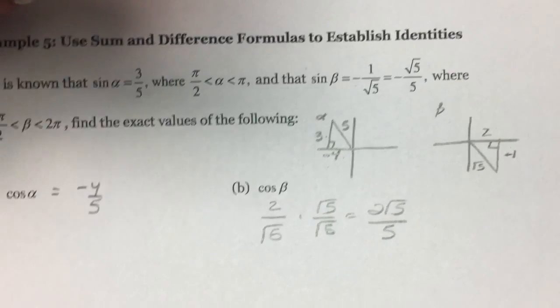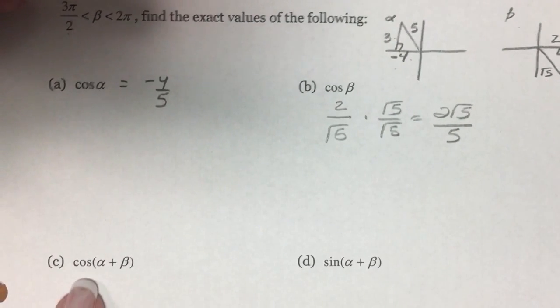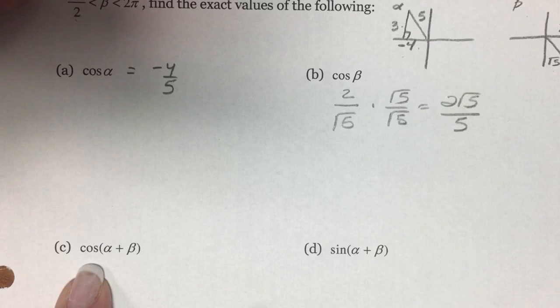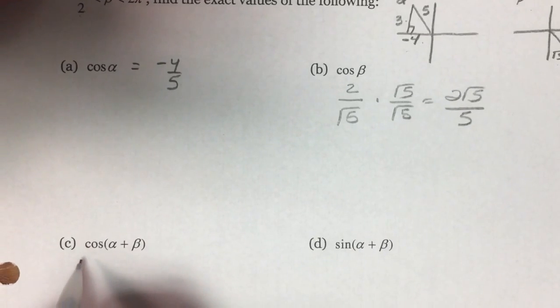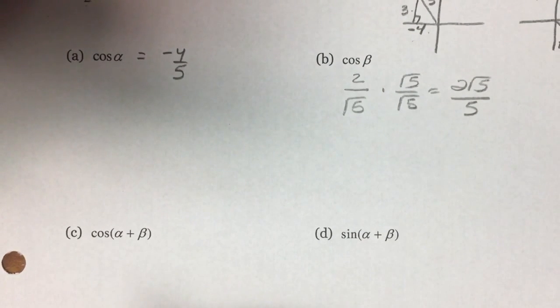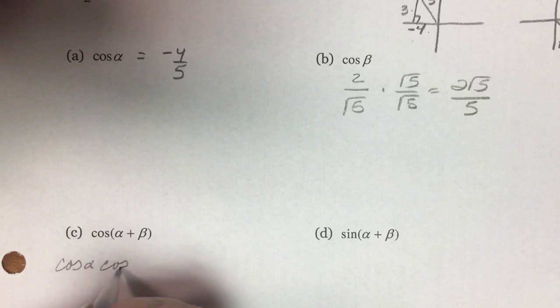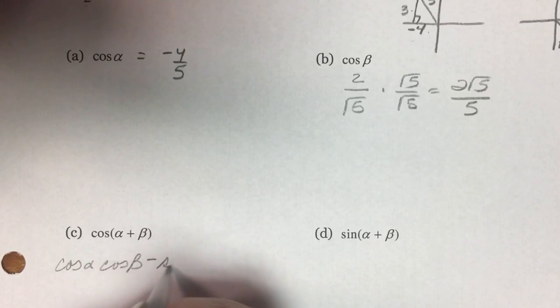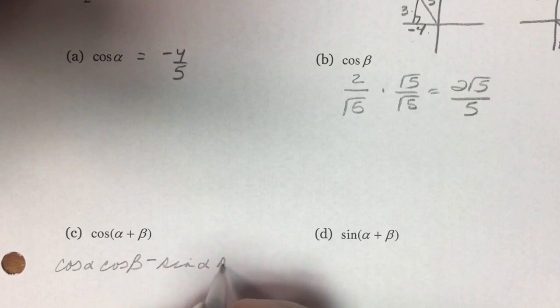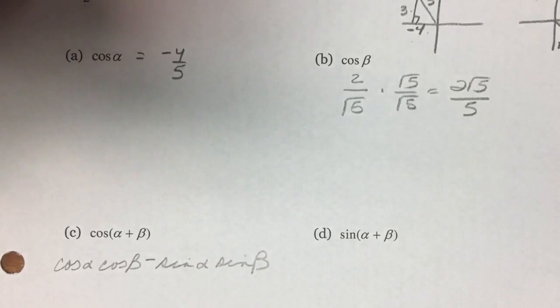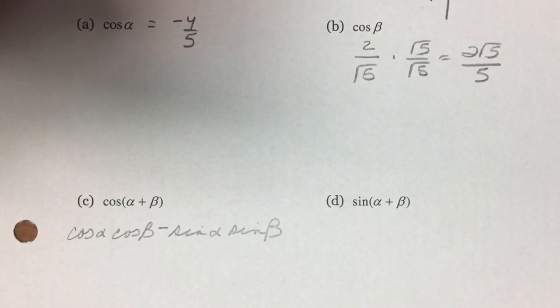So now they're asking for what is the cosine of alpha plus beta. Well, let's just quickly write down our identity for cosine so we remember it. So remember that it's cosine alpha, cosine beta, minus sine alpha, sine beta. So that's just the identity. I'm just writing it down.